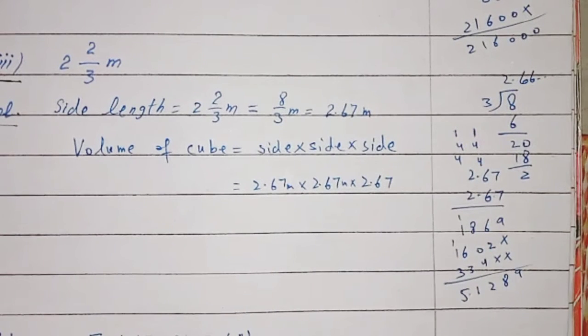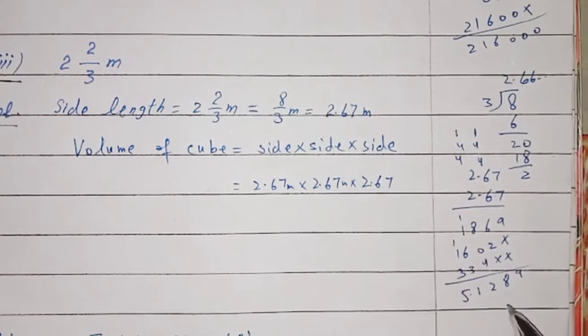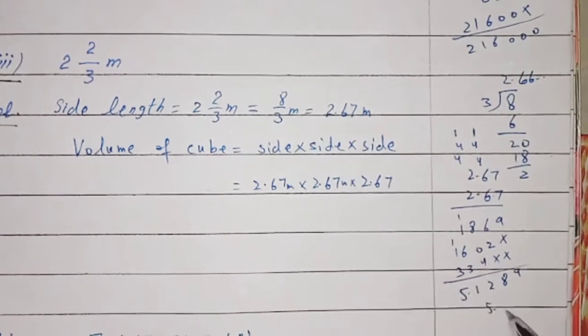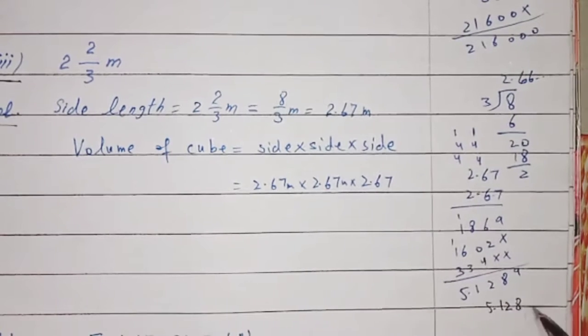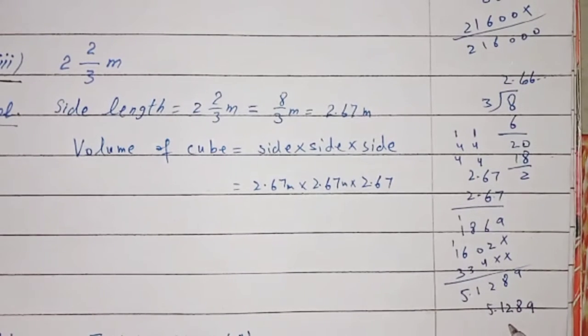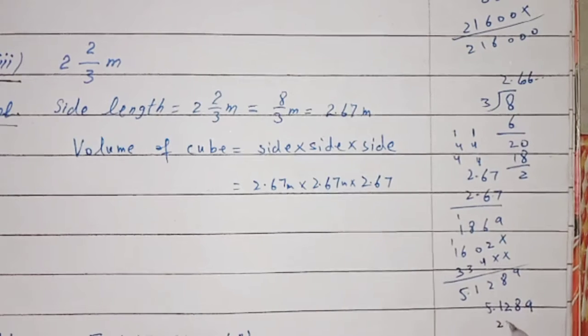That is 5.1289. That will be again multiplied with 2.67. 5.1289 multiply 2.67.